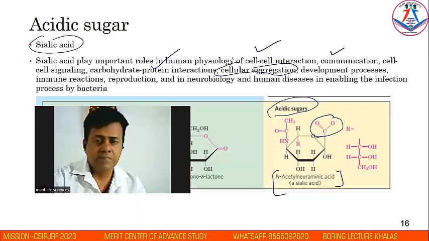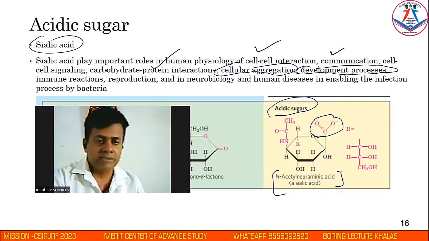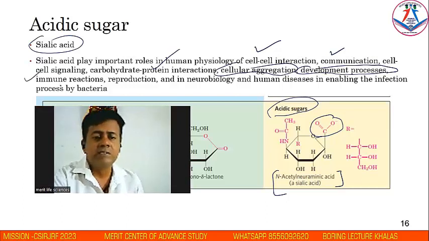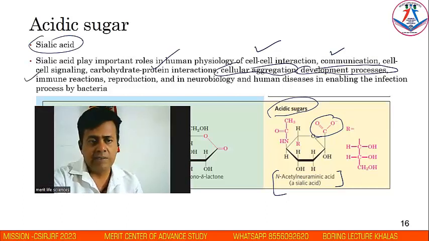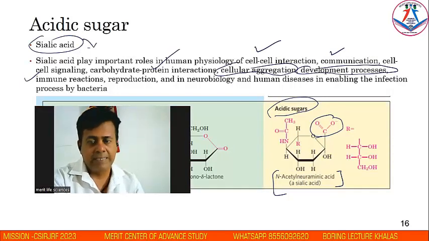Sialic acid. Okay? You are studying a lot of developmental processes in unit 5 of the CSIR syllabus, and immune reactions in unit 4. All of them are because of sialic acid. If sialic acid is absent, everything is absent. Okay? No developmental process, no cellular aggregation, no cell signaling.